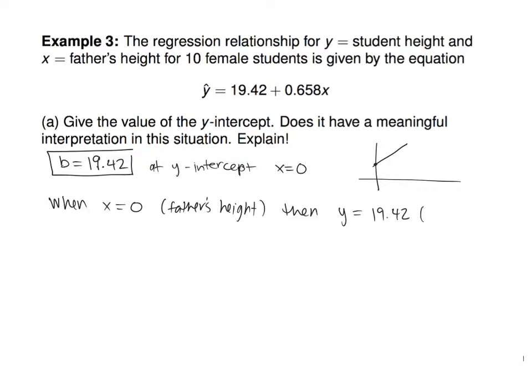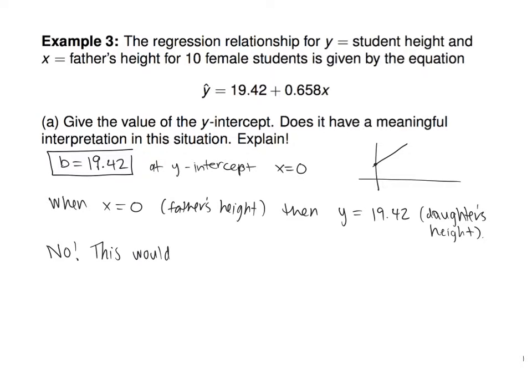Does that make any sense? No. Of course not, right? Whose father is 0 inches tall? Yeah, but no. Everybody had a father at some point in time. So the answer is no.